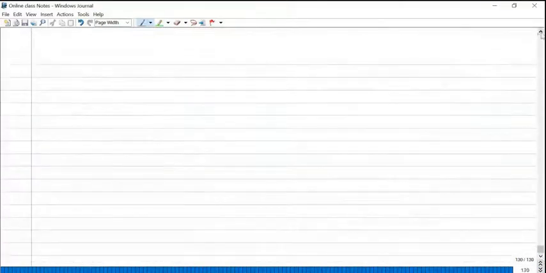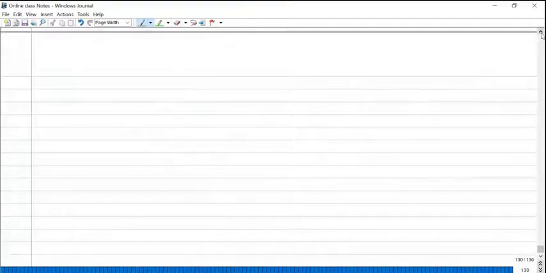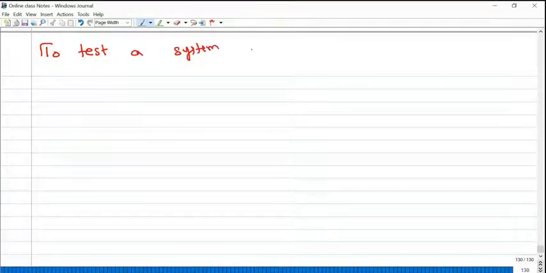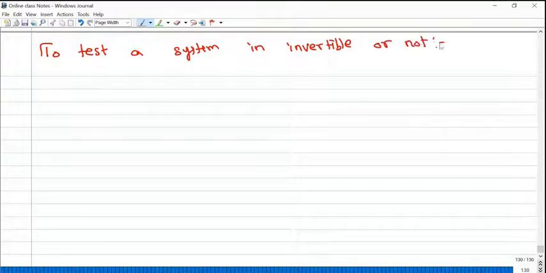So how to check whether the system is invertible or not? To test invertible or not, there are two steps.